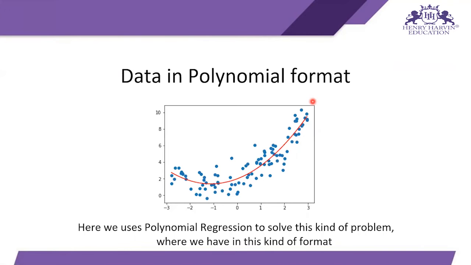Next is data in polynomial format. We can have data where we have one input and one output. We can have data where we have multiple inputs and a single output, that is multiple linear regression. And we can also have a single input and a single output, but the data is not linear. The data is in the format of a polynomial function.